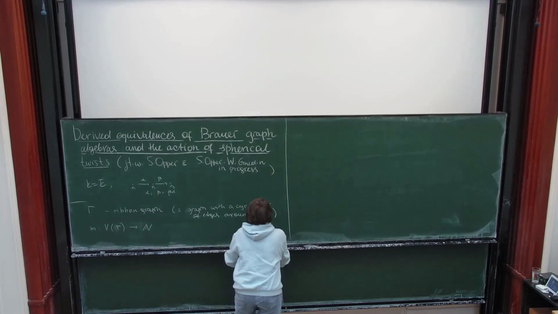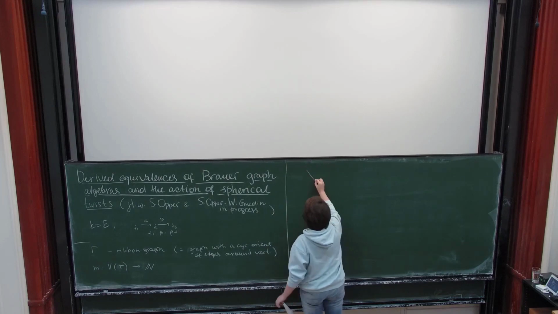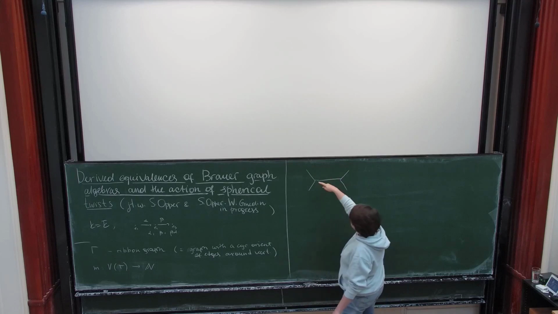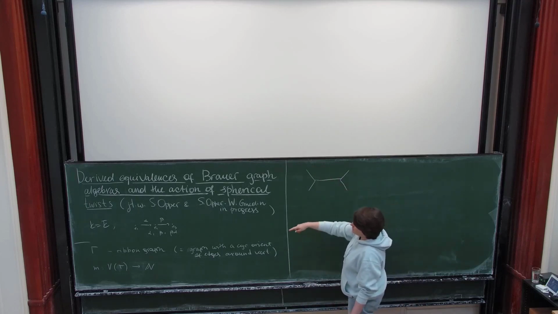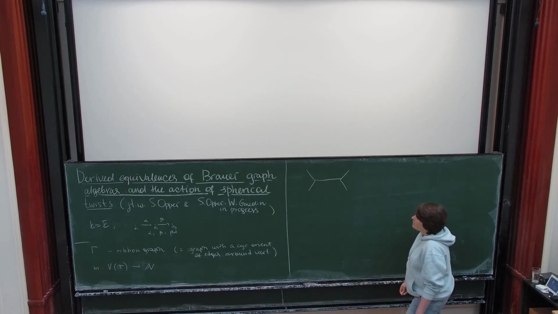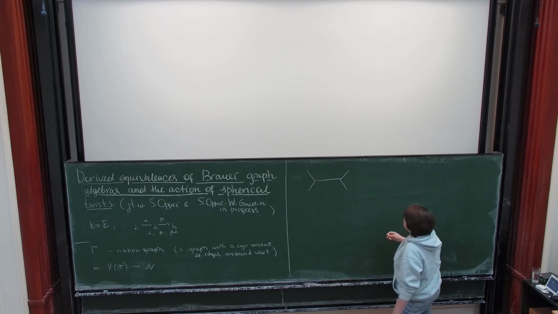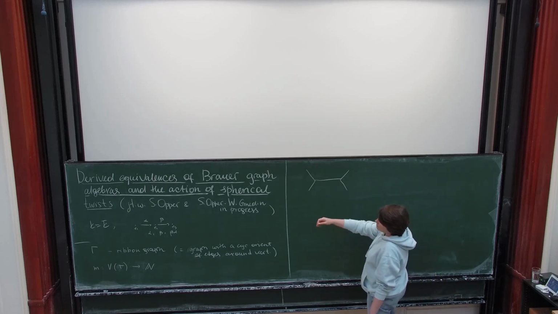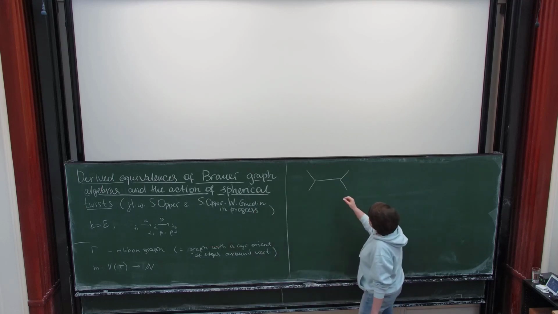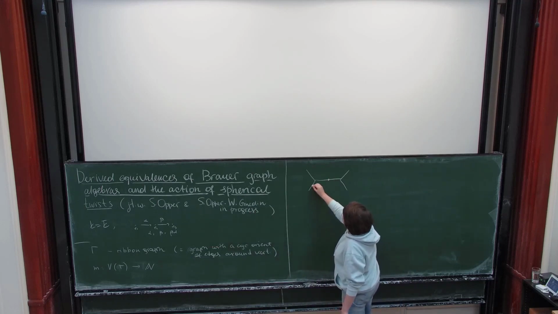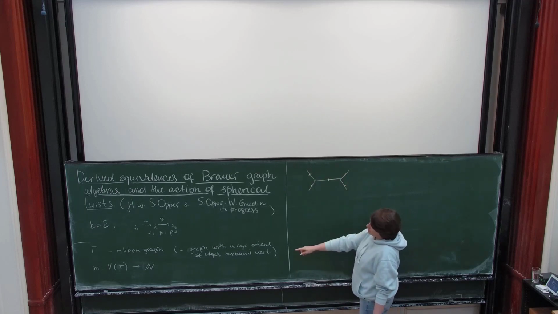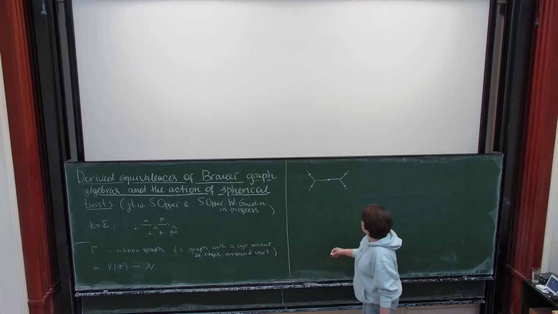So let's have some examples. So this is a graph, and when I draw something on the board, I'm assuming that the edges are oriented in a counterclockwise order. So to this data, I want to associate a quiver with relations. To get a quiver, I need vertices and arrows, and vertices of the quiver are going to correspond to edges of gamma, and then arrows are going to be coming from this cyclic order.